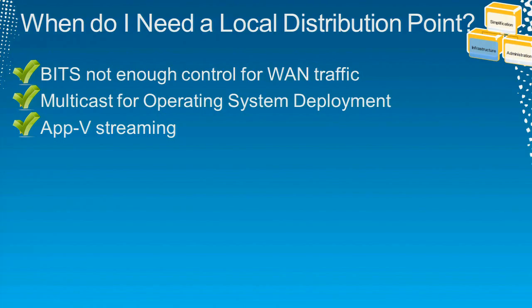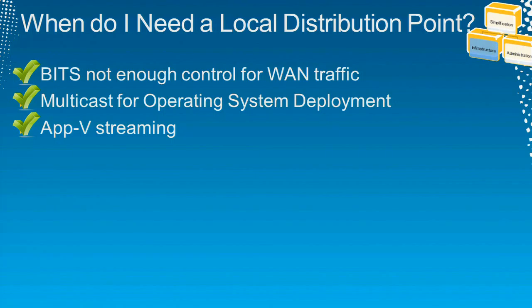You have all the same capabilities of a branch DP today with a standard distribution point in the ConfigMgr 2012 product, plus you get the real sender and throttling and bandwidth capabilities, which is much better than what BITS provided for a branch DP. BITS doesn't really do much at all for throttling. So this gives you much better capabilities of managing your WAN. Plus, we now have incorporated the PXE service point and multicasting. Those site system roles are part of a distribution point now.